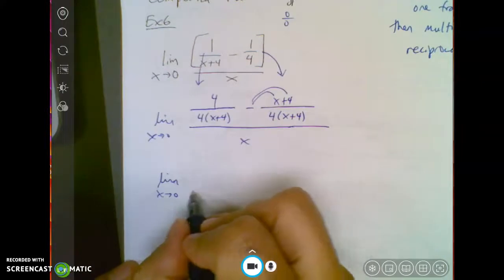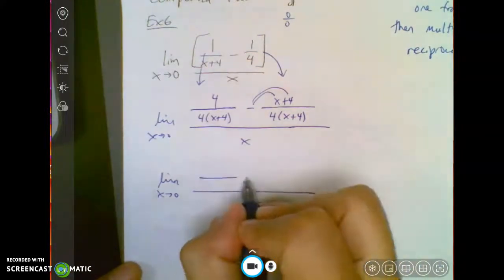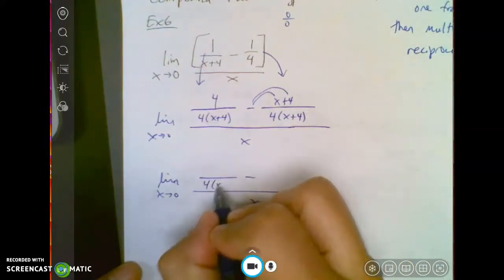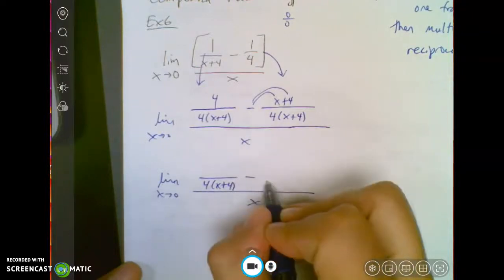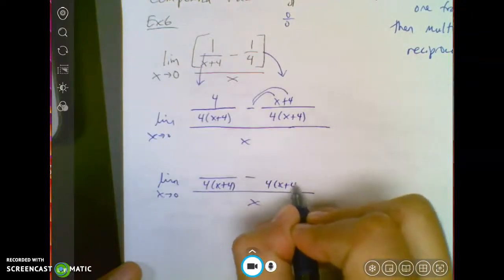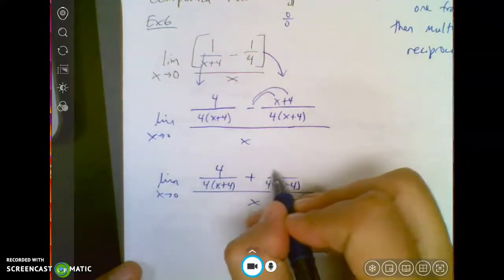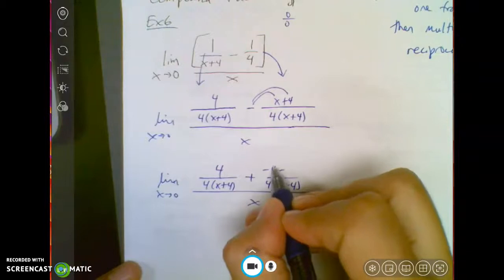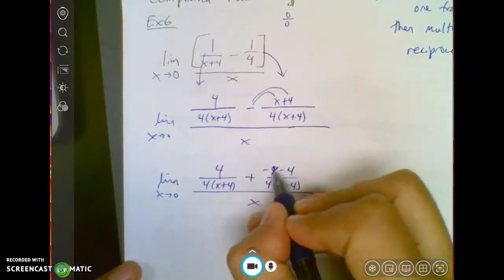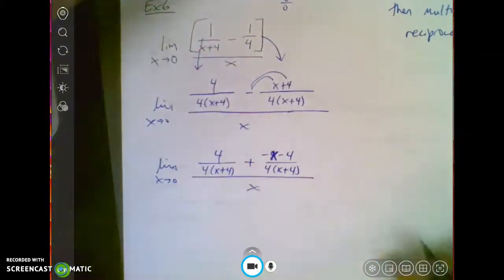Okay, so I'm going to rewrite this problem. The denominators are still the same. I guess this is an extra step. I didn't really need to do this step. I just distributed. It seems excessive.